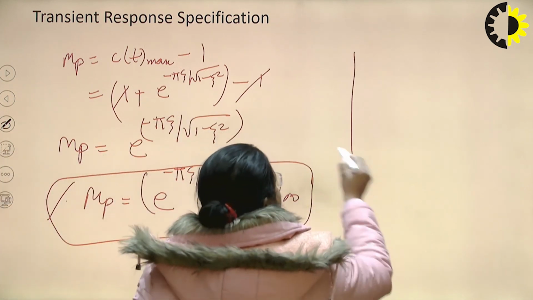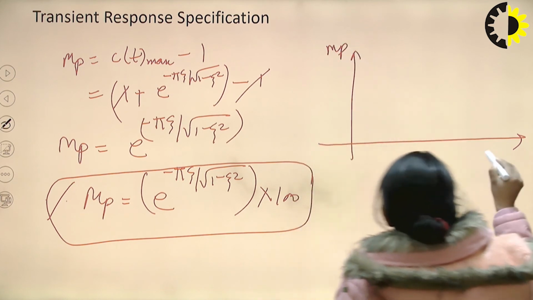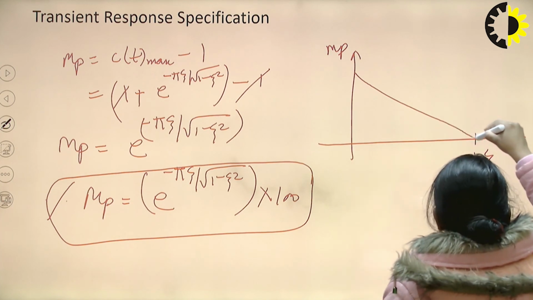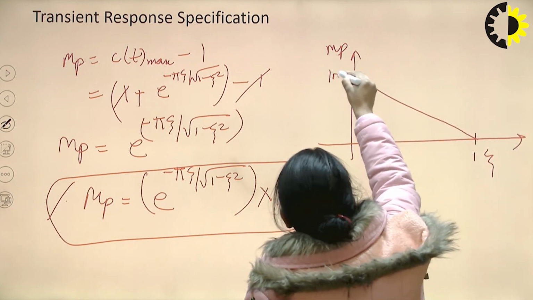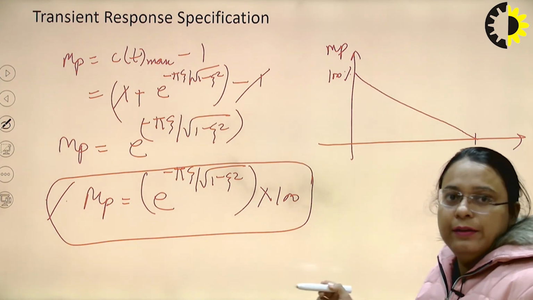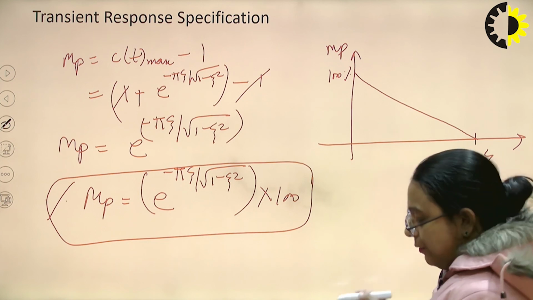In the plot for MP and zeta, the value goes down from 100% as zeta increases, when a step input is applied, right? So this will be the graph between MP and zeta.